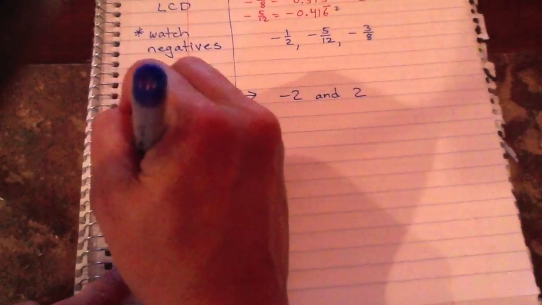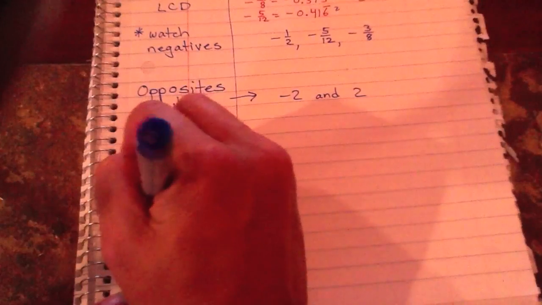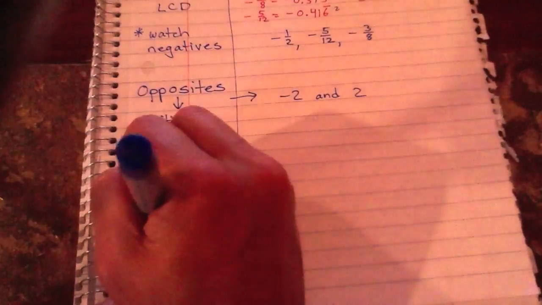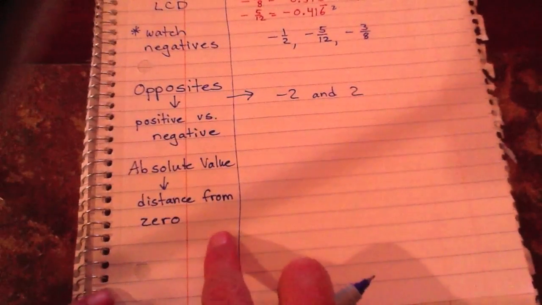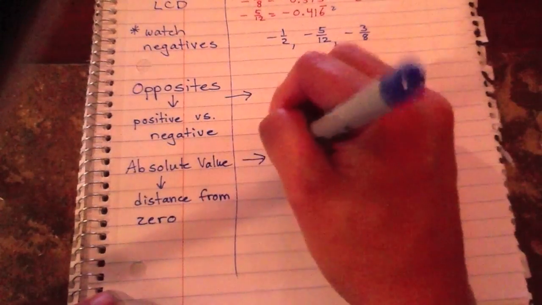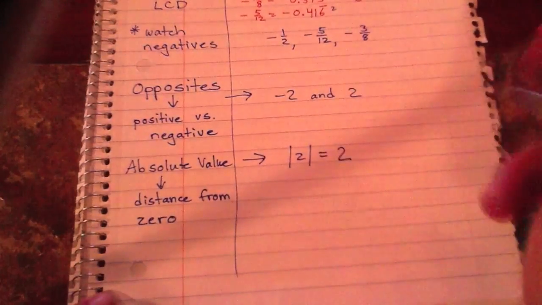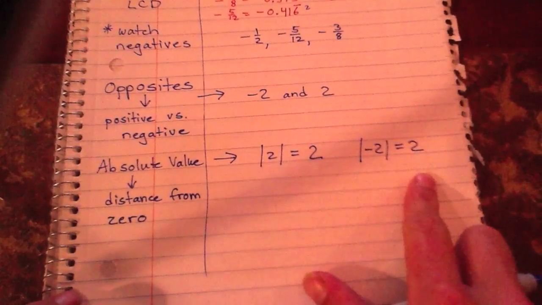Those are opposites. Absolute value is distance from 0. Distance can't be negative. So the difference here is that absolute value is just always positive. Absolute value of 2 equals 2, where the opposite of 2 would be -2. And the absolute value of -2 is 2. So always positive.